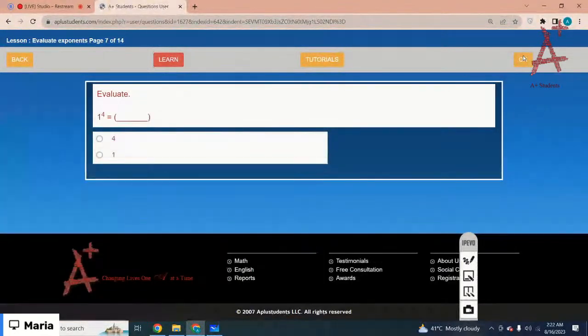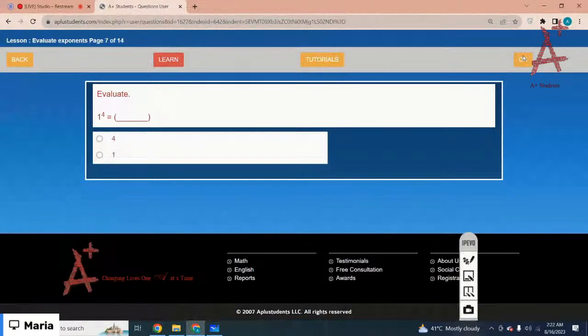Okay, the next one is 1 exponent 4. So which is the correct option? 1 exponent 4 means you have to evaluate 1 four times. 1 times 1 times 1.